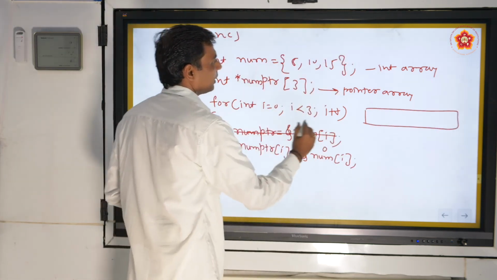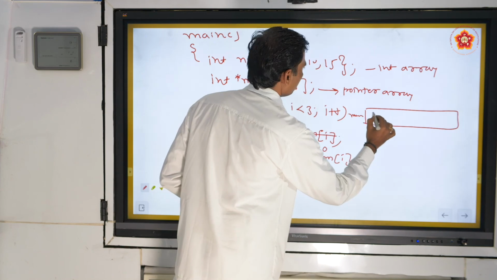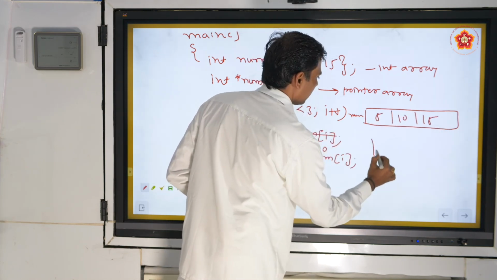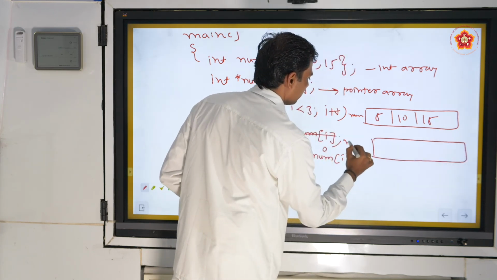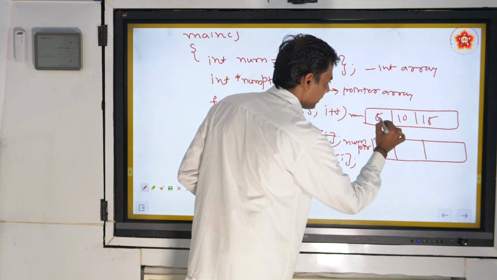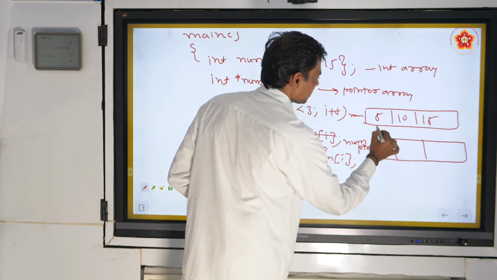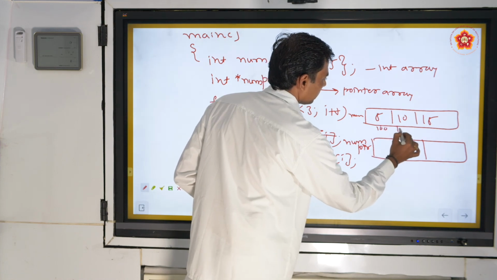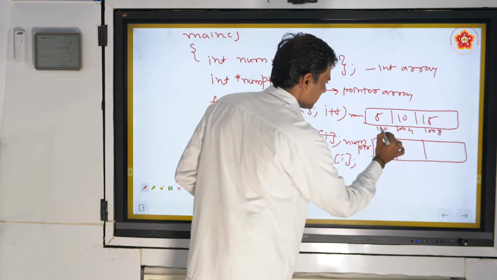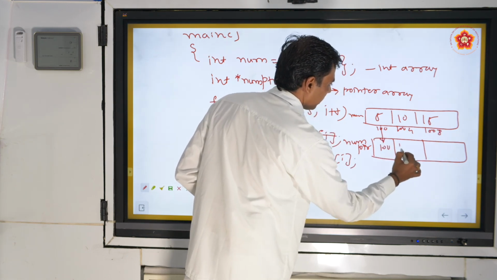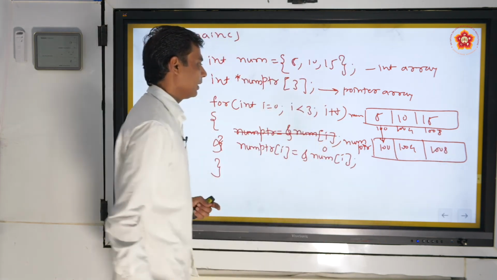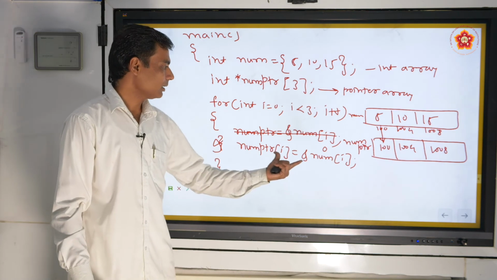One is the num array, which stores the values 5, 10 and 15. And another array, numptr, which stores the addresses of these. Suppose the address of the first one is 100, then this is 104 and this is 108. These addresses I am going to store here: 100, 104 and 108. This is numptr. So both are arrays, and the assignment is like this.